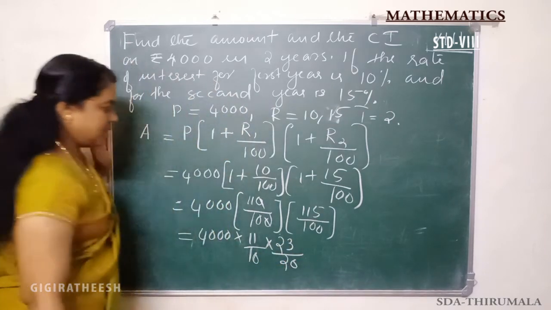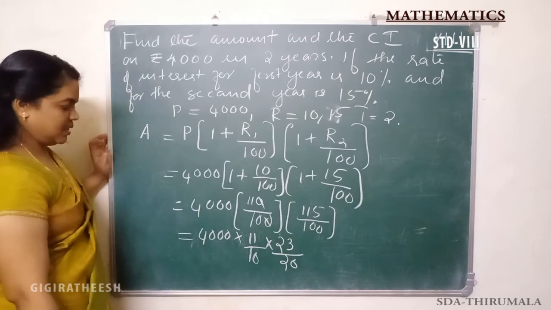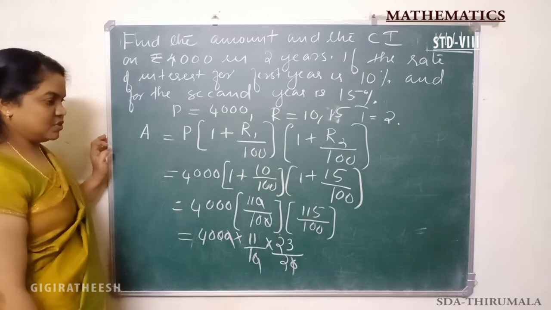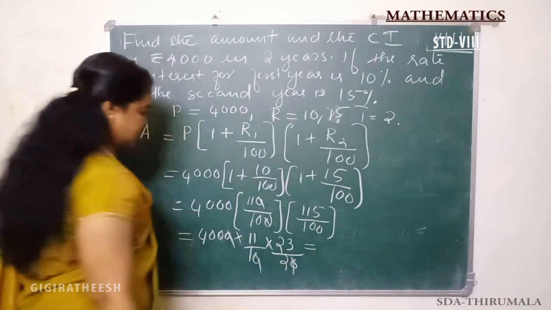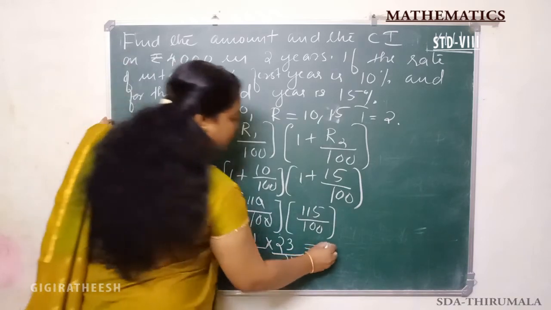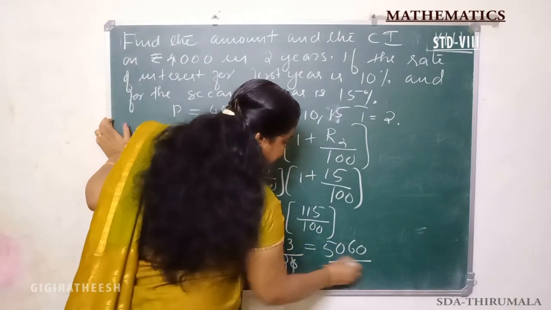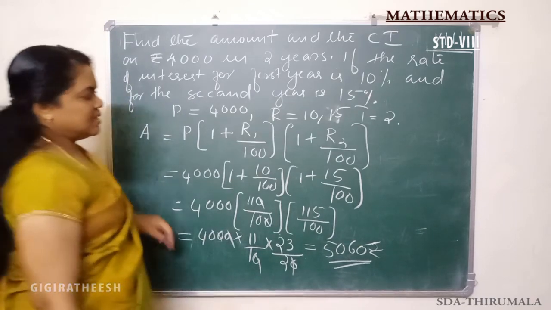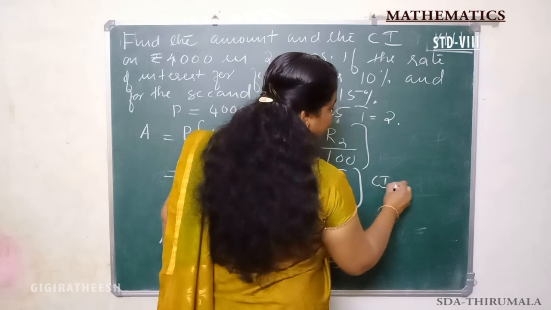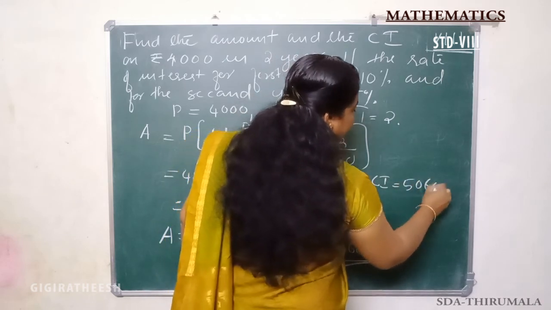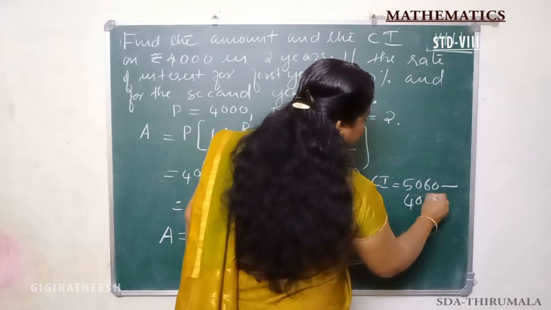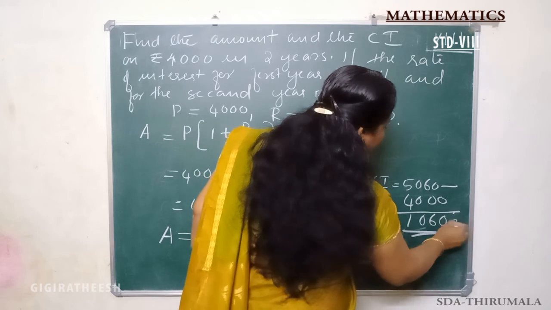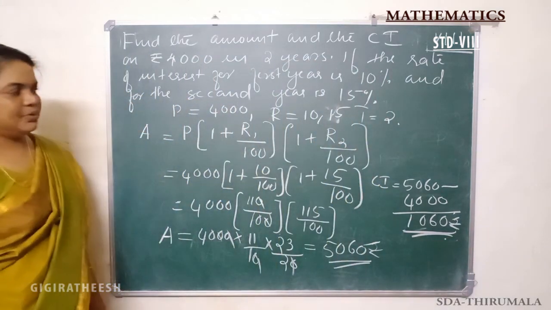Cancelling the zeros, we get 40 into 11 into 23, which is equal to 5,060. This is the amount. CI is equal to the total amount, 5,060, minus the principal, 4,000, and we get 1,060. This is the compound interest. Okay, hope you understood. Thank you.